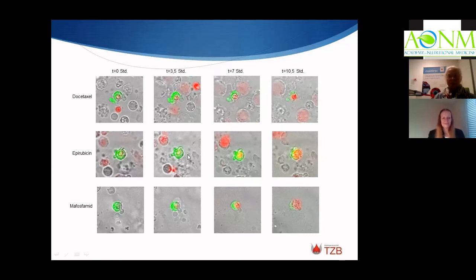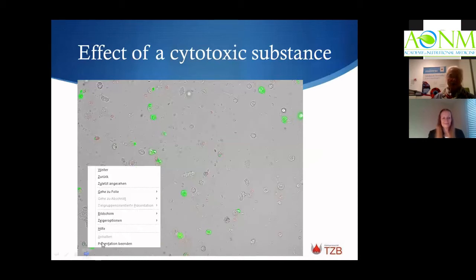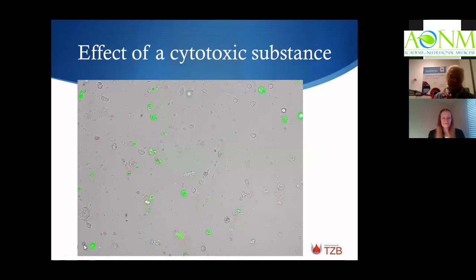The same is true for this drug and for the mafosfamide, which is activated cyclophosphamide. This is just to show that with conventional drugs, we can see the effect, and then we draw conclusions for natural agents. And this is just to show you how these cells die over time.